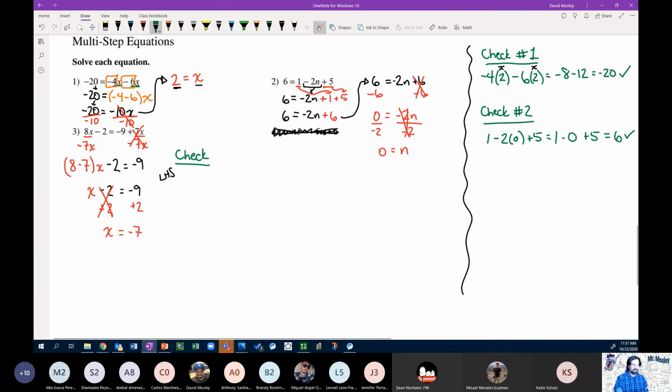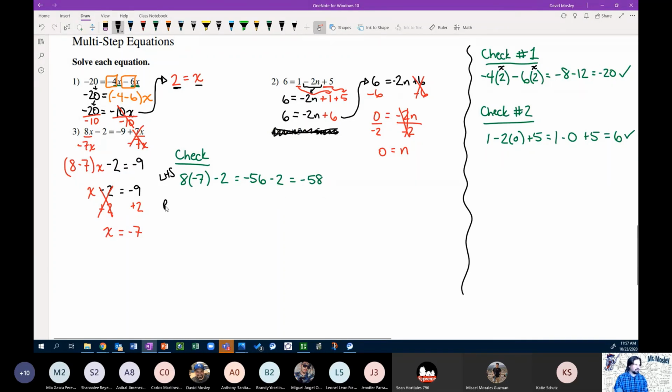So where there's an x, I put negative 7. So 8 times negative 7 minus 2. That equals negative 56 minus 2 equals a negative 58.